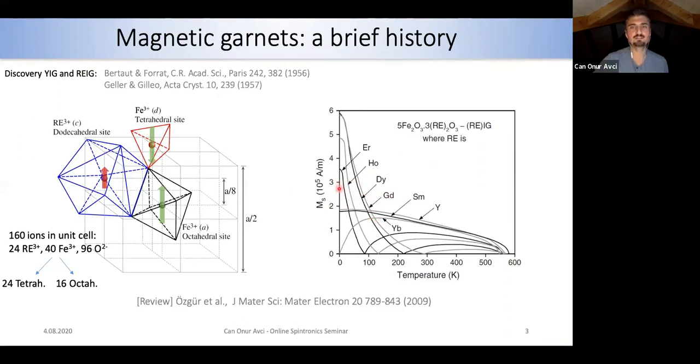But thulium has a compensation temperature which is theoretically 1.5 Kelvin, but there's a but, because you can never control the stoichiometry in a perfect way. These graphs belong to calculations for bulk materials, but in thin films you always have deviations in the stoichiometry.